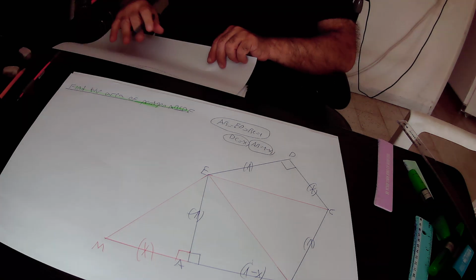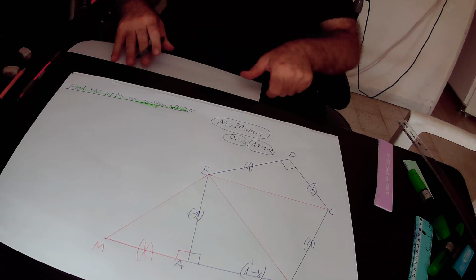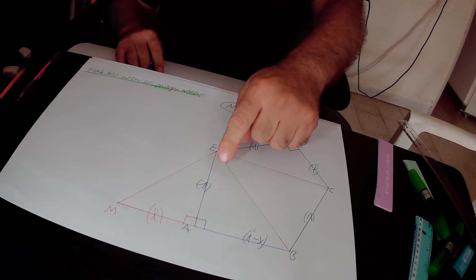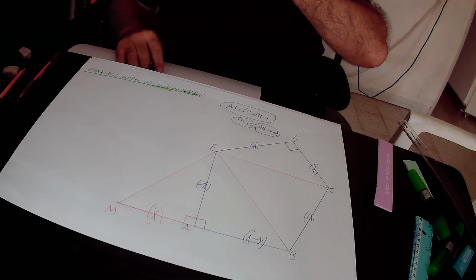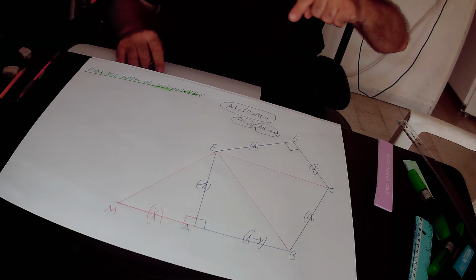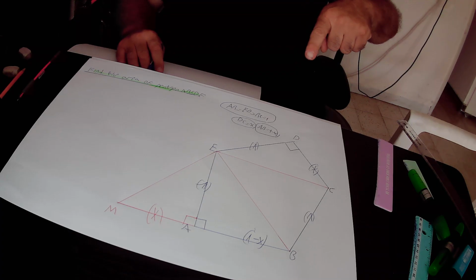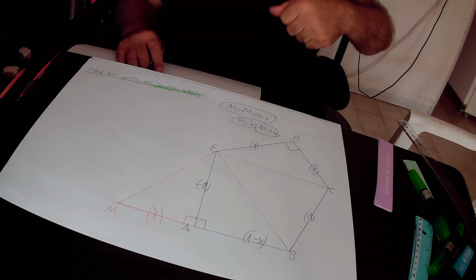And finally, side EA of the right triangle EAM equals side DE in the right triangle EDC. They are both equal to 1 and therefore they are equal to each other.